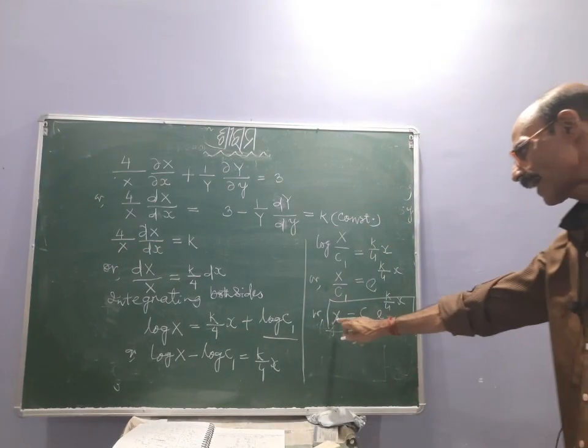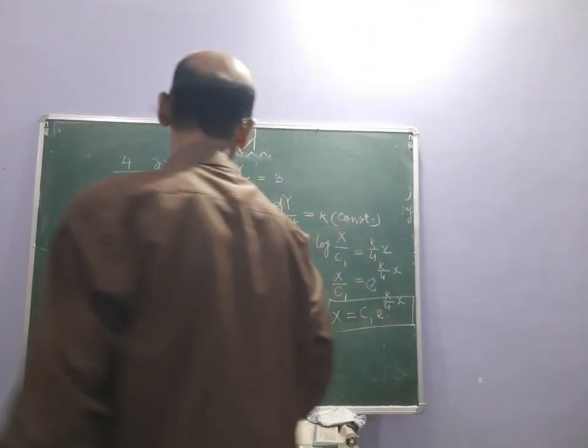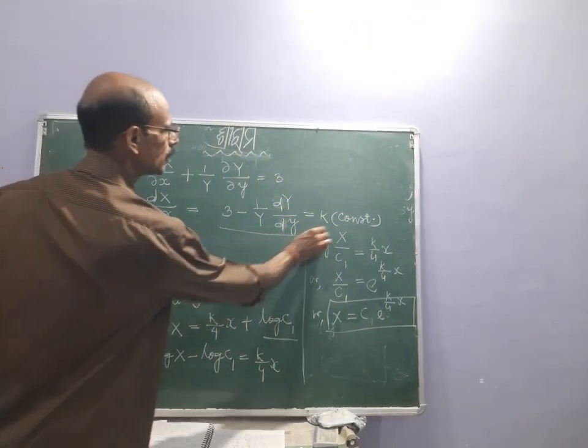So we got X in terms of small x. Now take the second part of the equation.